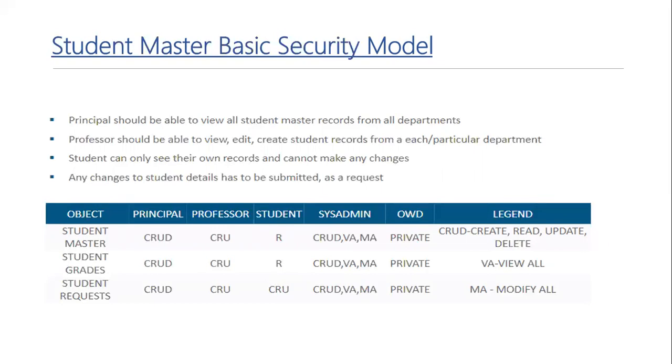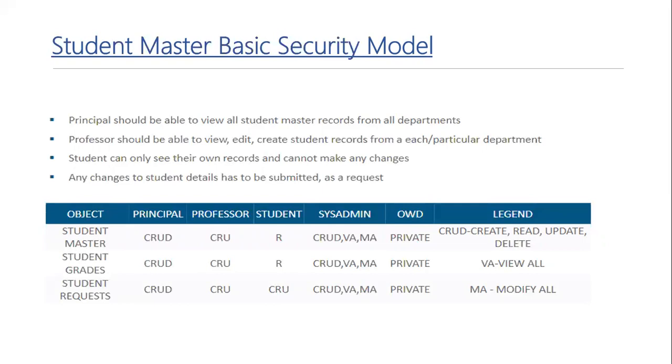If you mark the view all or modify all permission, then regardless of the access, that particular user can see the data created by other users. And OWD is nothing but the permissions on that object.